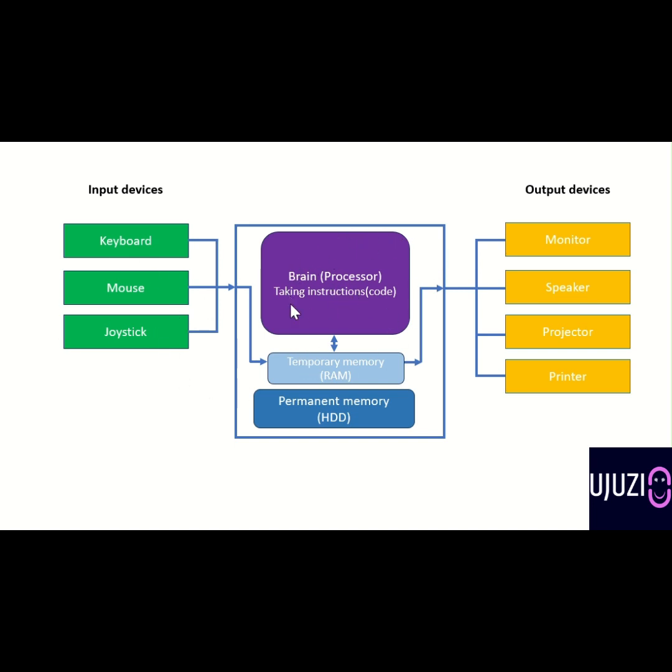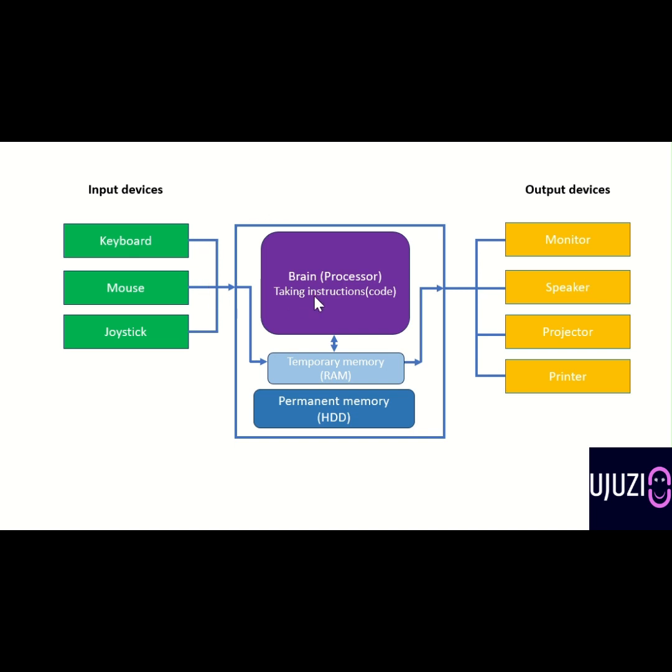But also, we have something called a computer program or computer programming. Programming is giving our computer a set of instructions, telling it exactly what to do. So we write a piece of small code, like the one we did with Arduino. We write it, we give it instructions, and then the computer will take those instructions and process them through the processor, which is the brain, and make a decision on what we want it to do.